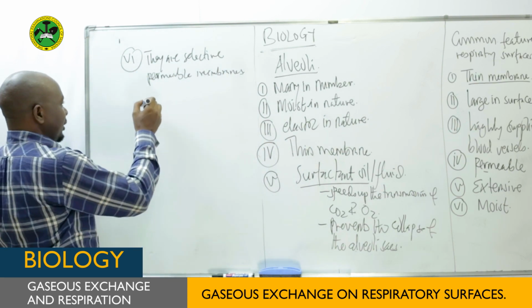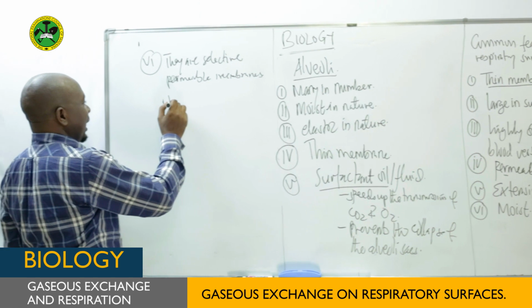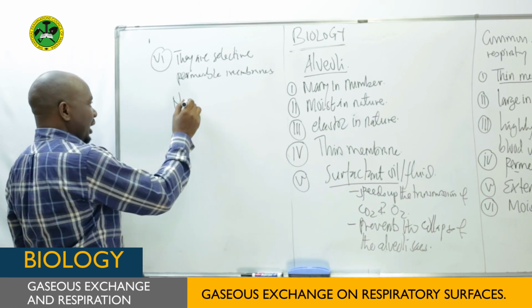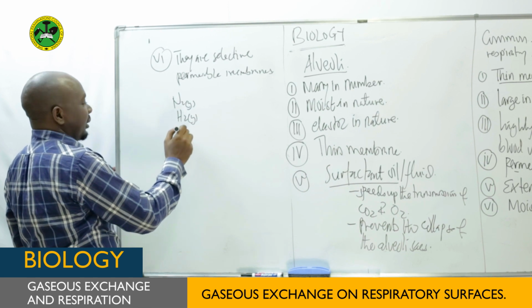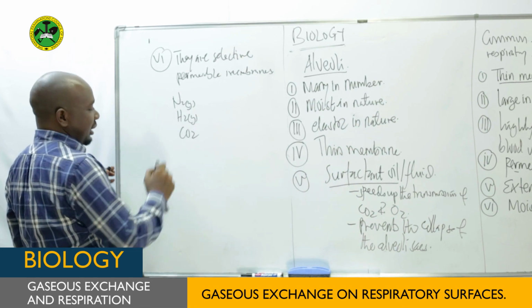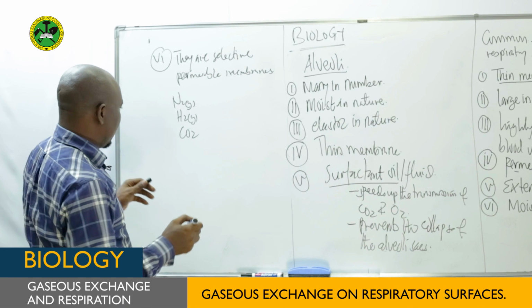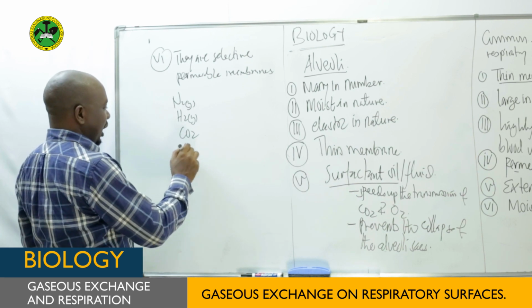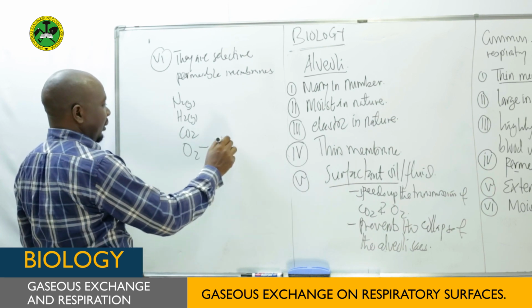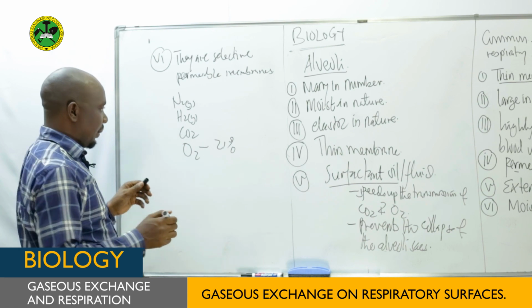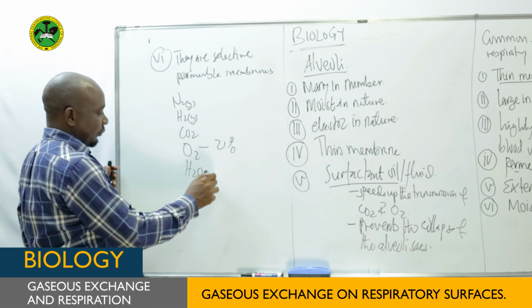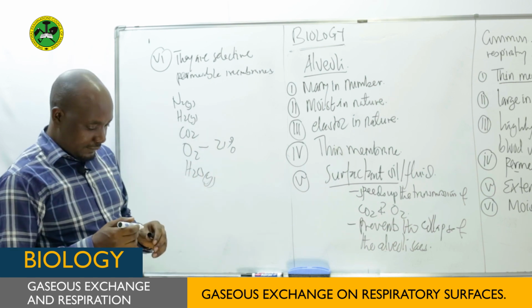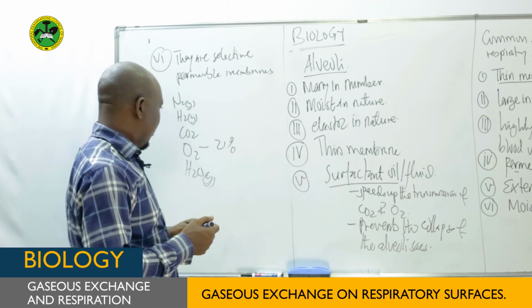For example, in the atmosphere, we have a large percent of nitrogen gas. We have hydrogen gas. There is carbon dioxide in a very little amount. We have oxygen, which is almost 20%. We have water vapor and the inert gases.